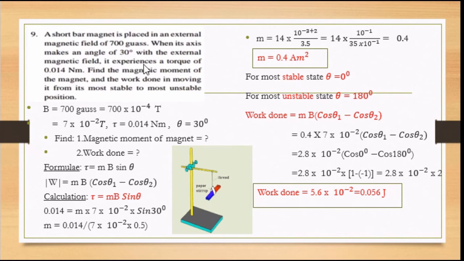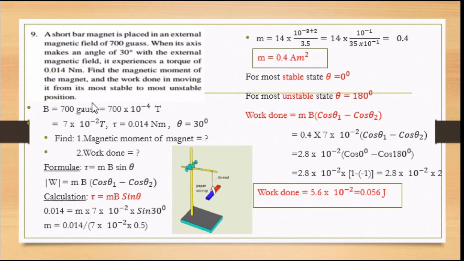It experiences a torque of 0.014 Newton meter. Find the magnetic moment of the magnet and the work done in moving it from its most stable state to most unstable position.